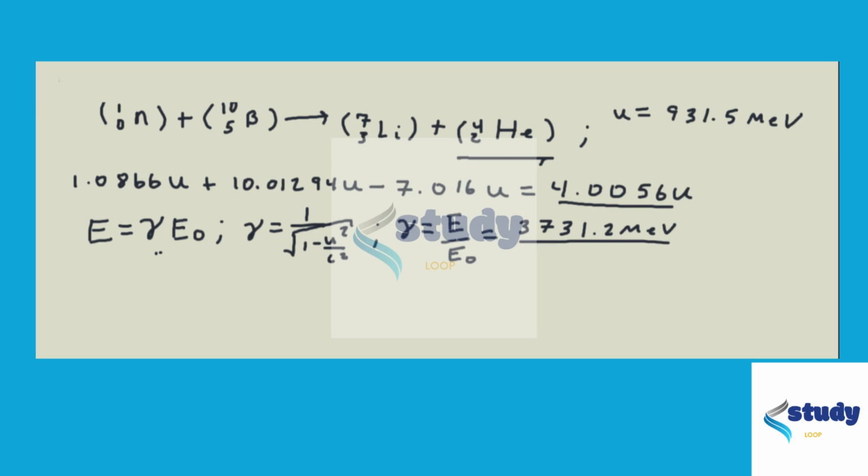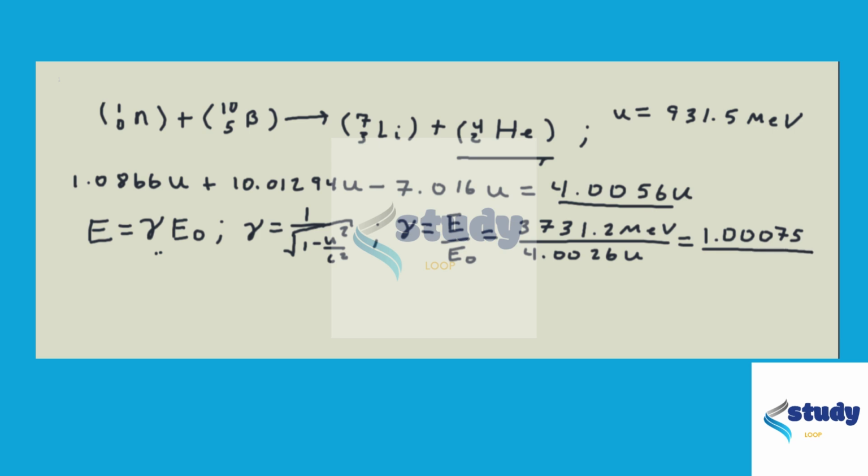Now the rest energy for this is going to be 4.0026 U. I want to multiply that by 931.5 to get a value on the bottom. And what I get is that we are very, very close to the rest energy, but not quite at rest energy. So this is almost exactly unity, but not quite.